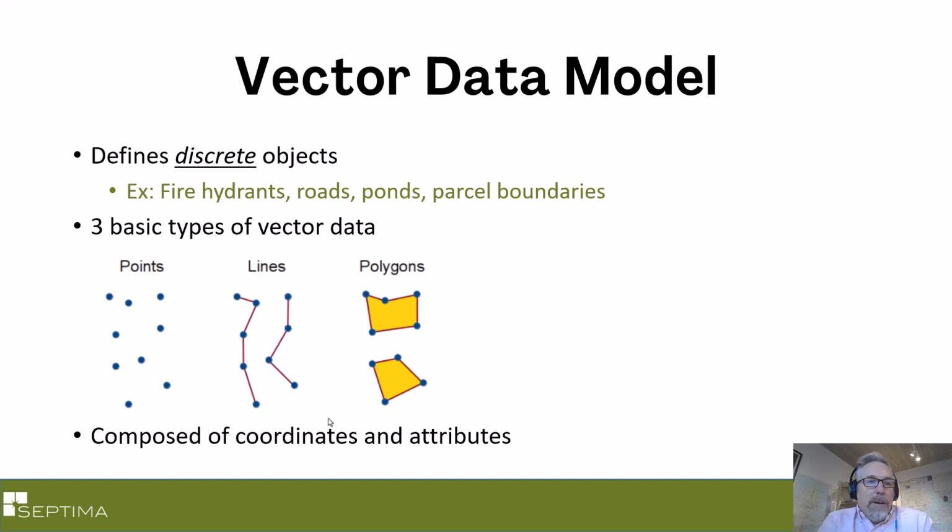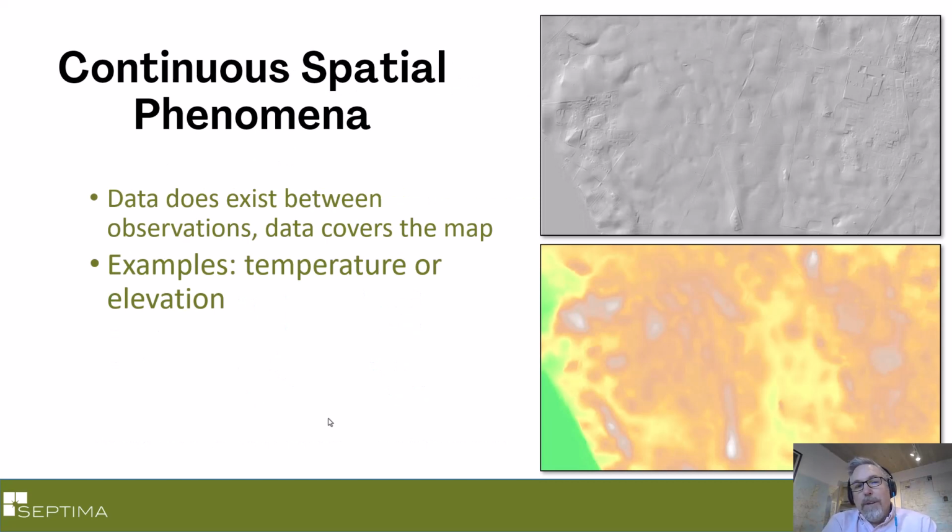The vector data model is typically used to define discrete objects: fire hydrants, roads, ponds, parcel boundaries. And there's three basic types of vector data: points, lines, and polygons. On the previous slide, when we were talking about continuous spatial phenomena, I said that is best represented with raster data.